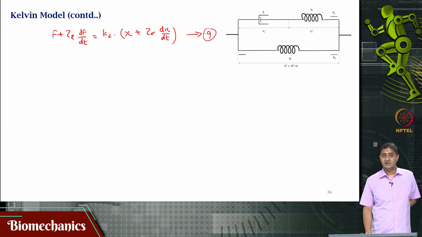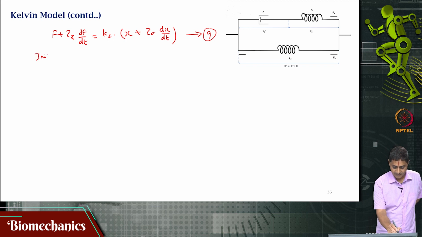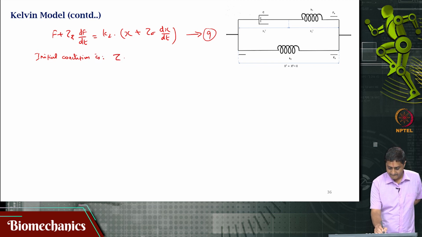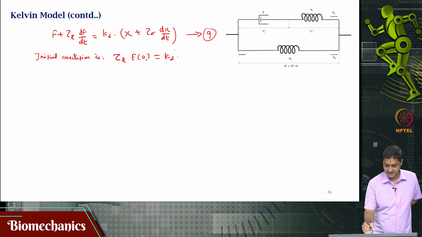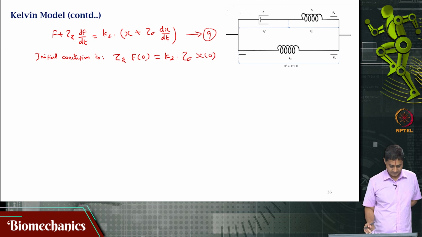This is our equation 9 that we got. This is the expression between force and deformation that we derived in the previous slide. And we also said that the initial condition is tau epsilon F of 0 is K2 times tau sigma x of 0.